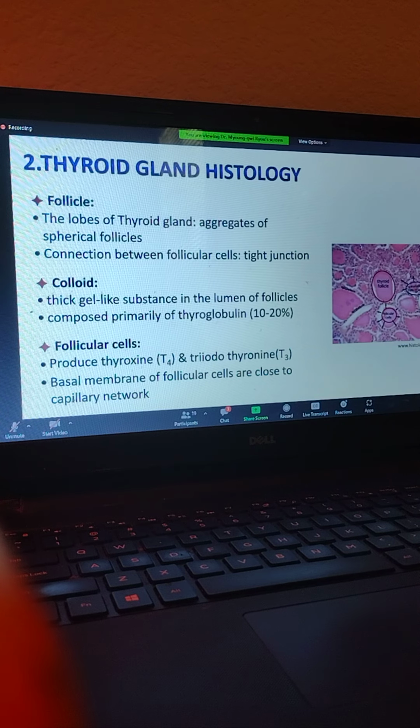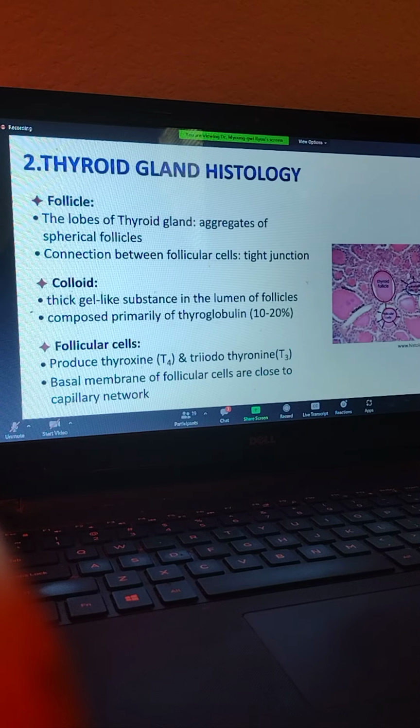T3. T4 basically has 4 iodines attached. T3 has 3 iodines attached. So that's the difference. T4 in the blood circulation can undergo deiodination. That means T4 can become T3, the biologically active form of the thyroid hormone.